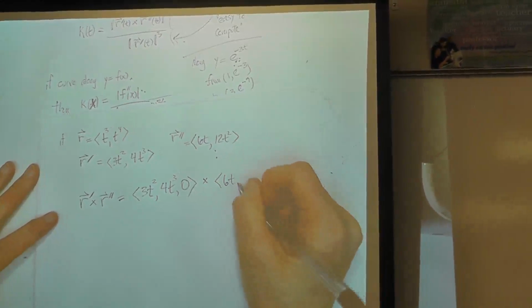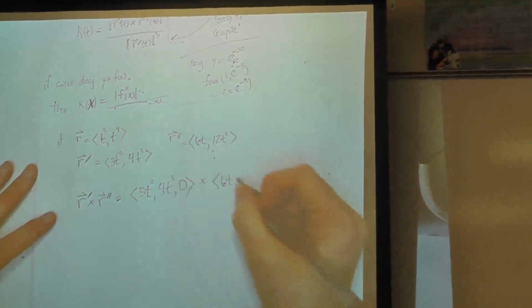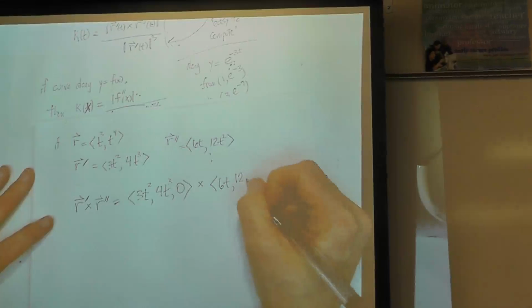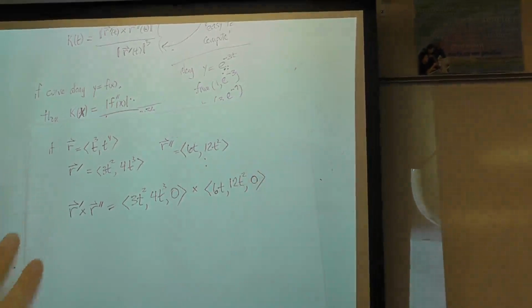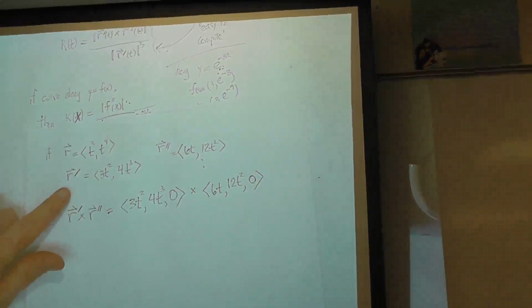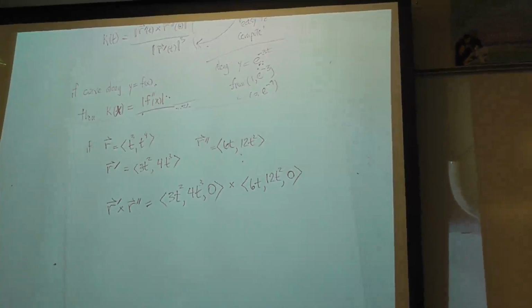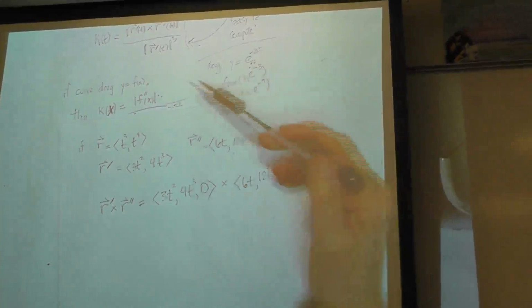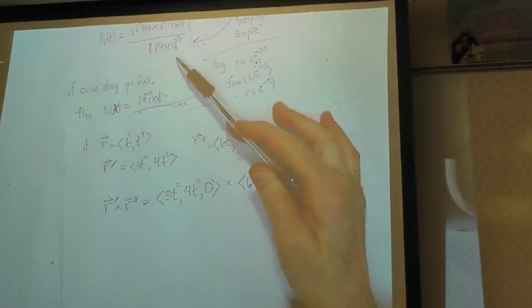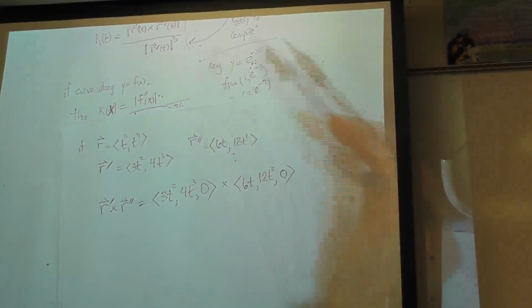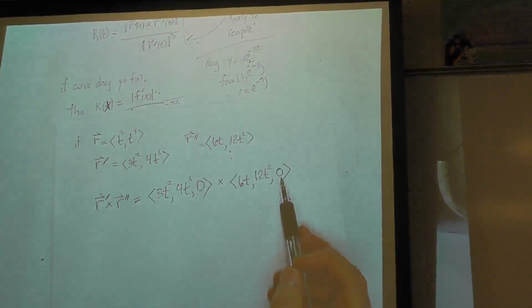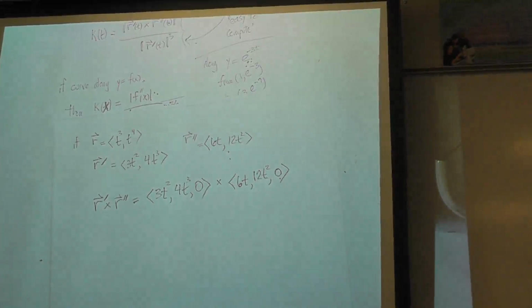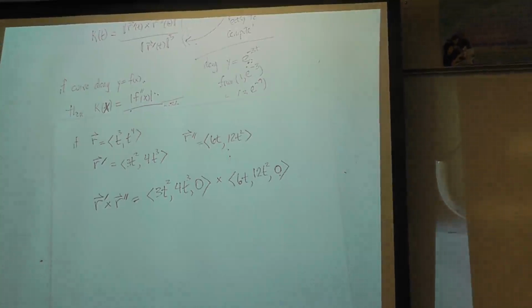So if you're computing using this formula for a 2-dimensional curve, and you're given a 2-dimensional parameterization, just throw zeros in for your z. Okay?